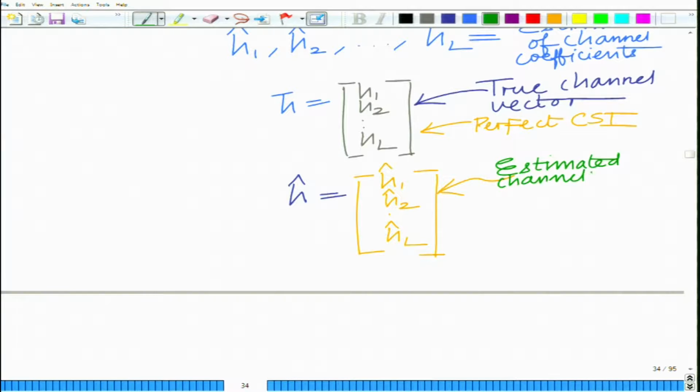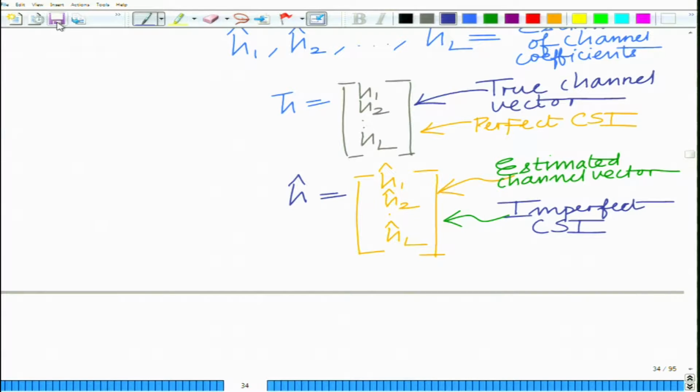The estimated channel vector is also termed the imperfect CSI.